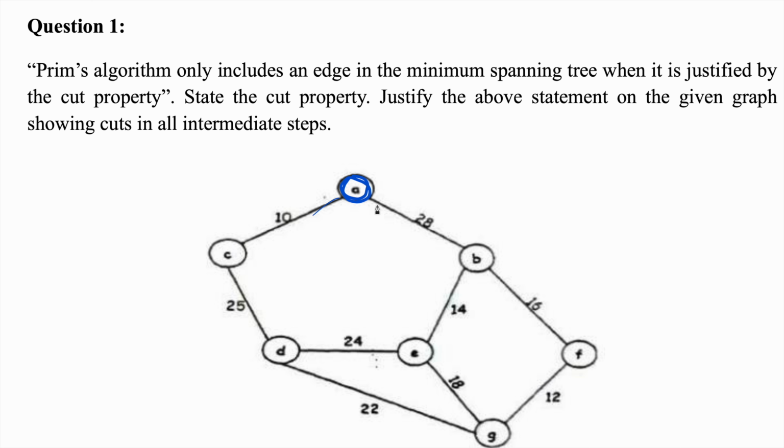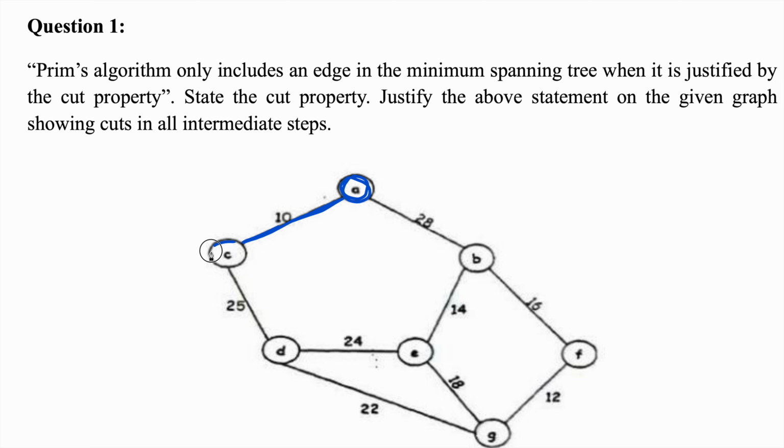In this case, we have 10 and 28. We just have to make a cut onto them like this, and simply select the minimum of the edges that are being cut through this cut. In our case we have 10, so we simply mark it as our next visited node.